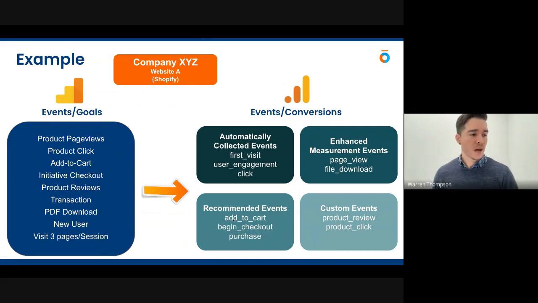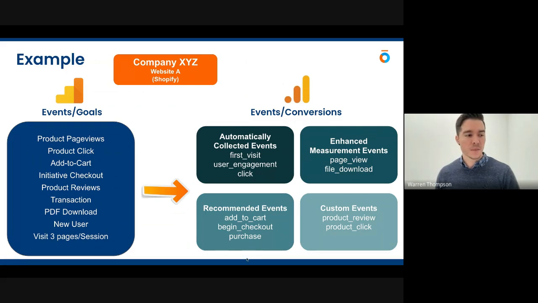So add to cart, begin checkout, purchase. These aren't things that Google will automatically track. If you're an e-commerce site, you do need to manually add these actions, and that's done with the help of Google Tag Manager.